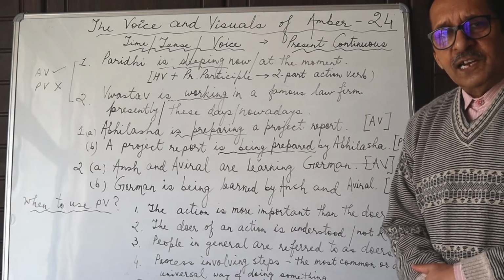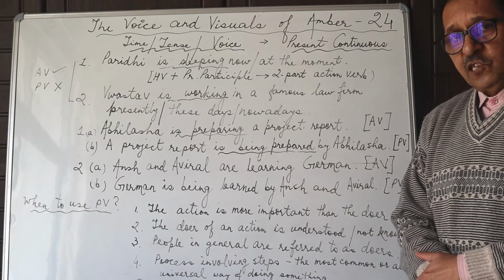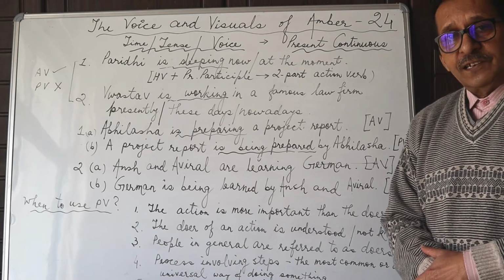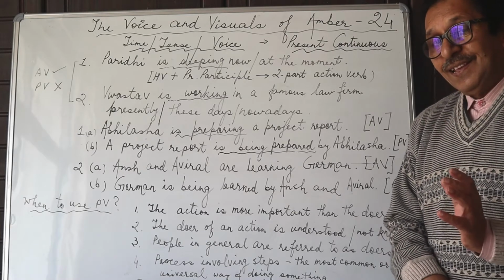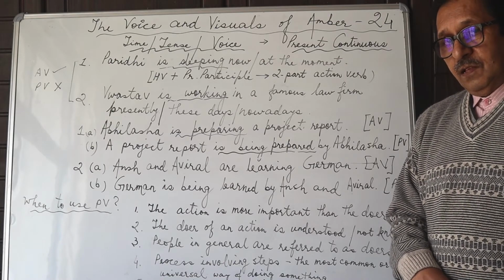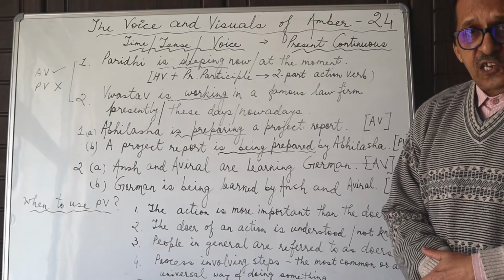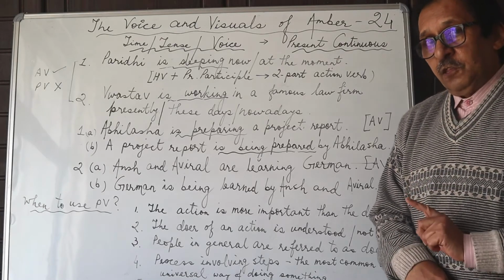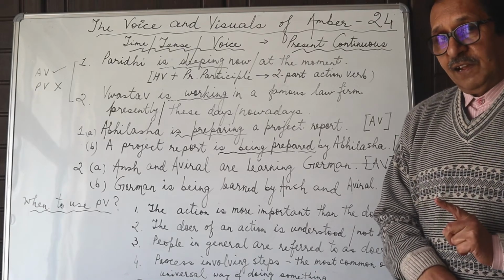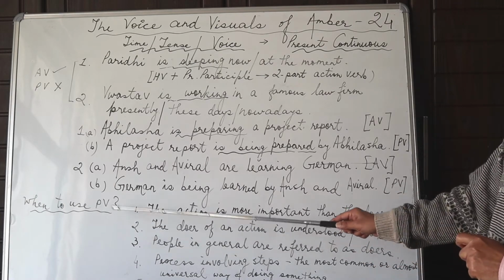It can be unrealistic. And you may be asked to change an active voice sentence into passive voice, whereas in actual writing or speaking, that particular sentence need not have been changed into passive voice, even though the sentence has a transitive verb. So let's see, when do we use the passive voice?